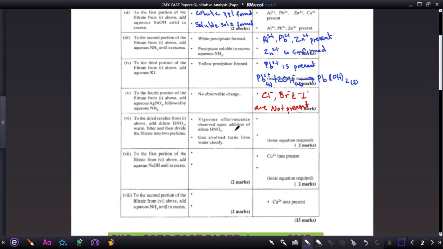The mere fact that we say vigorous effervescence means that carbon dioxide was produced and the carbonate ion, CO3 2 minus ion, is present.